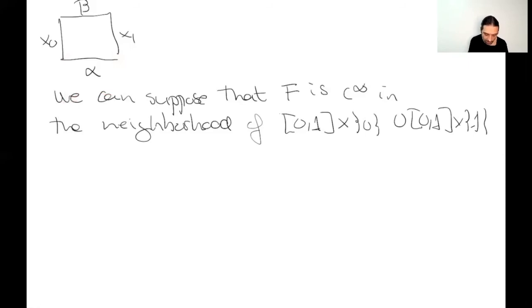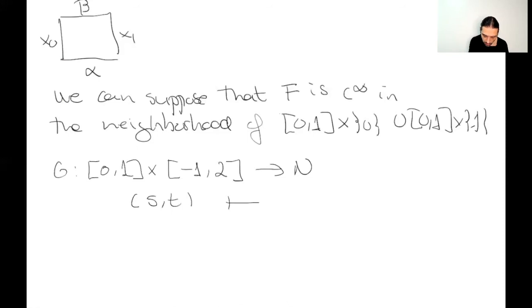defining a homotopy G, for instance, on [0,1] times [-1,2], with values in M, where the image of (s,t) is going to be f(s,t) if t belongs to [0,1].